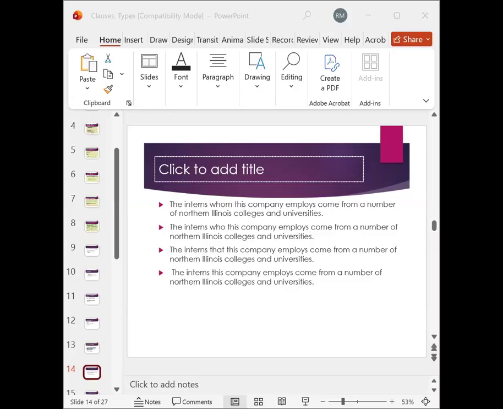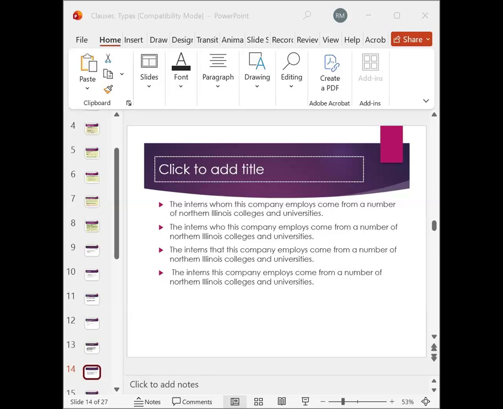So the interns are the object of the verb employ. That is why whom is right, and in formal context, that is what we use. In formal writing, we use whom if you're referring to the objective case in a sentence. But who is also correct here, and that is also used in informal settings and even sometimes formal settings. So: the interns who this company employs come from a number of Northern Illinois colleges and universities.